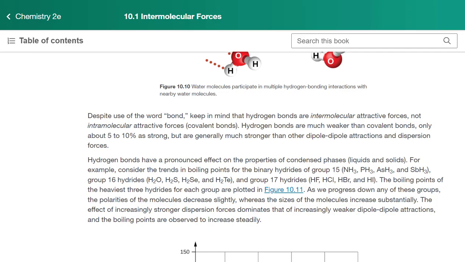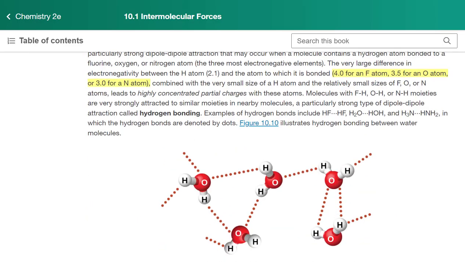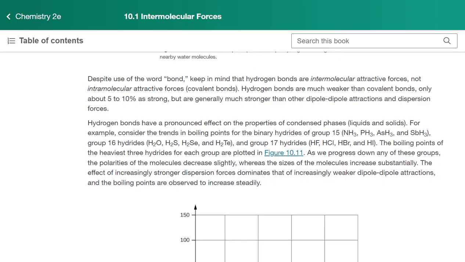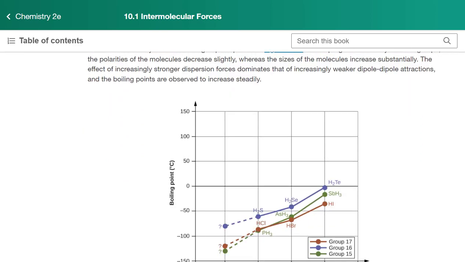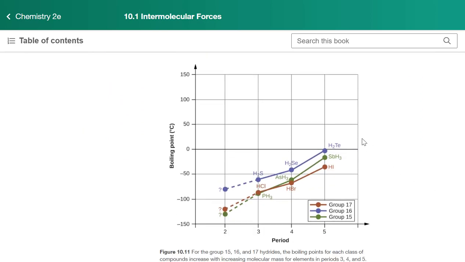I wanted to talk a little bit about why we care about this. Why is this one so special? If you look at this trend, we can see the trends of group 15, 16, and 17 hydrides, where you have the nonmetal bonded to hydrogen.